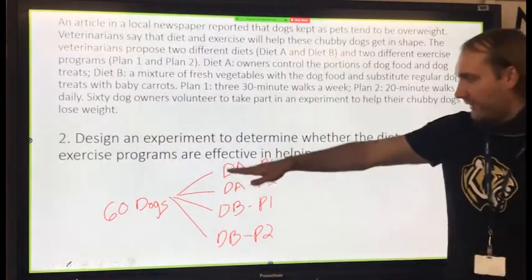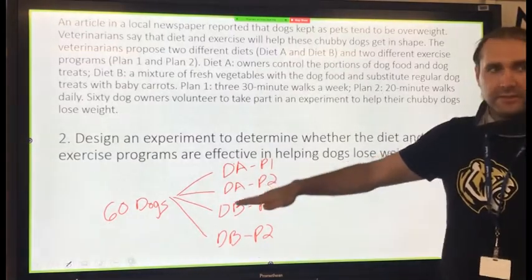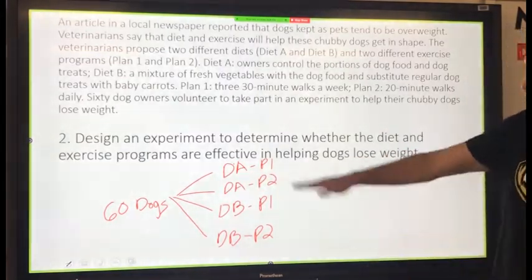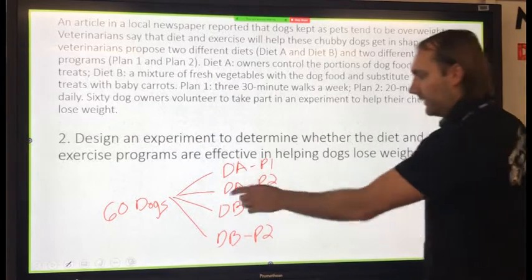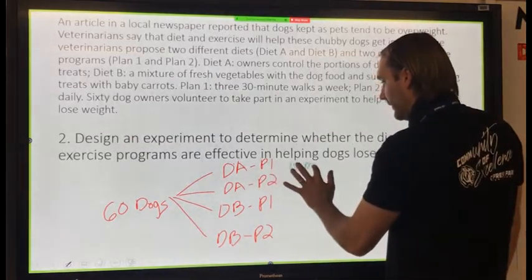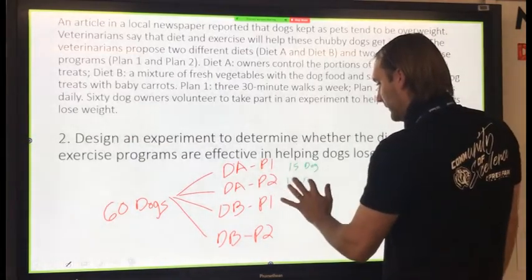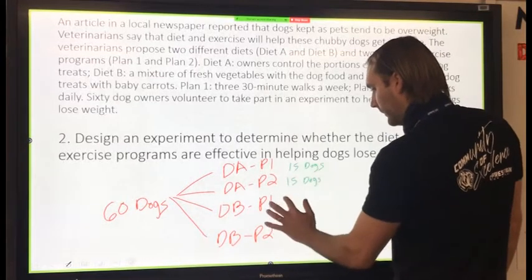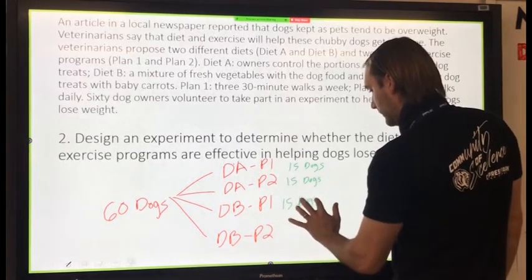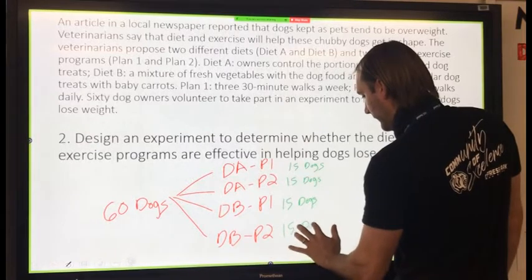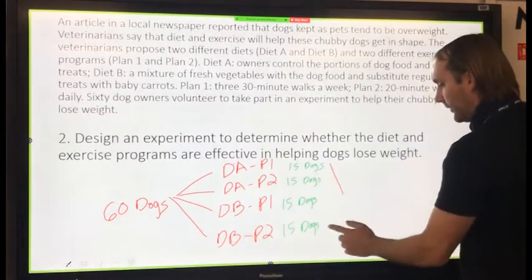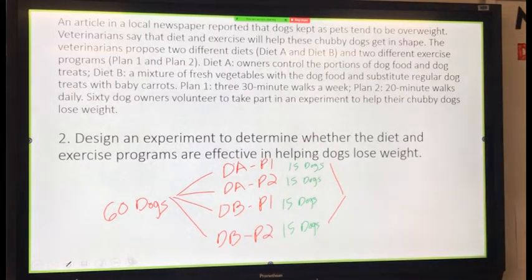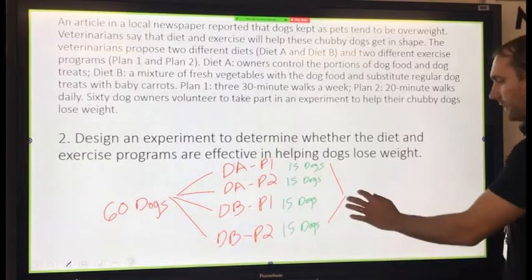I'm not going to test all 60 dogs in each of these, am I? That's not going to make sense. How many dogs am I going to put in each treatment? Fifteen, 60 divided by 4. So 15 dogs here, 15 dogs here, 15 dogs here, and 15 dogs here. At the end of all this, what am I measuring? Yeah, weight loss.